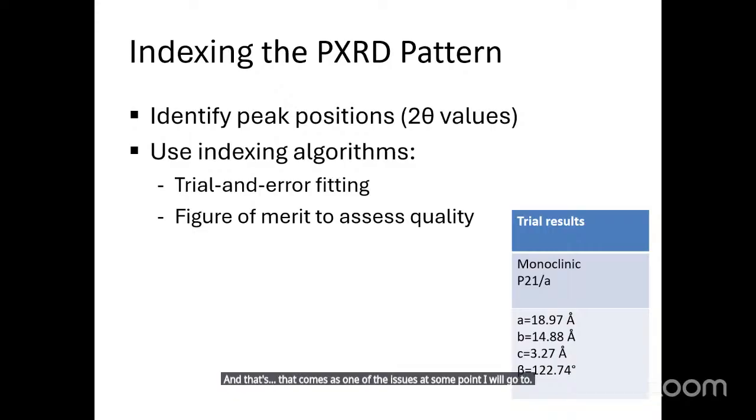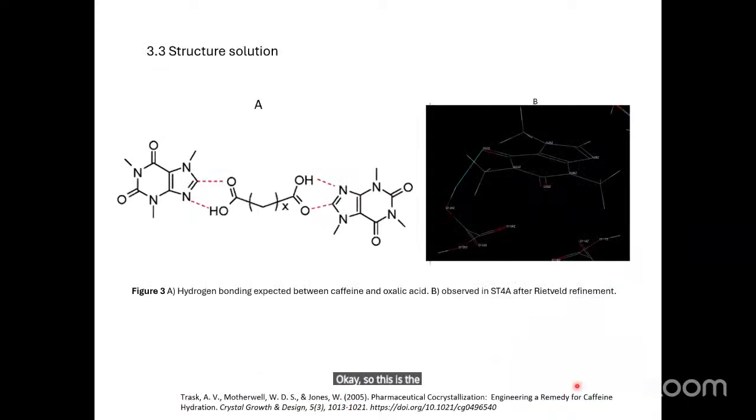Okay, so this is the paper that I was talking about. They're trying to modify the hydration of caffeine using oxalic acid, but in this work they do it through single X-ray crystallography.